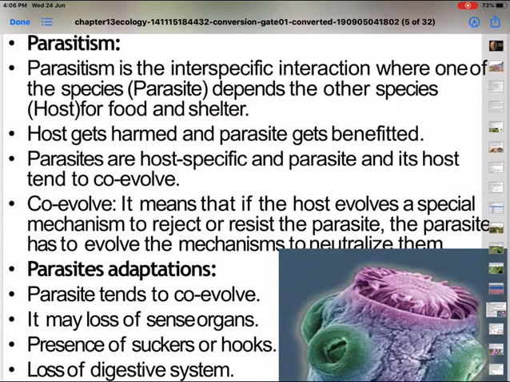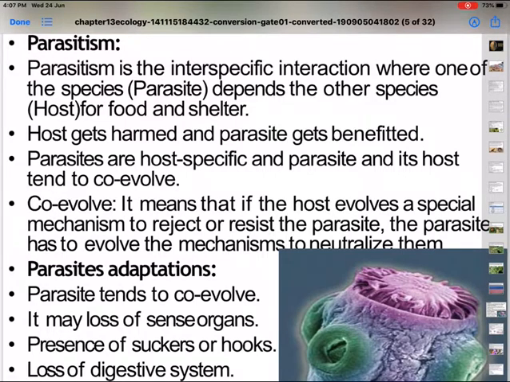And species B is losing its life, in fact. That's the host. It may be food or it may be the whole life itself. Hence, there is plus minus interaction. So parasitism is plus minus interaction. It is interspecific interaction, and host gets harmed, as we said, and parasite gets benefited.